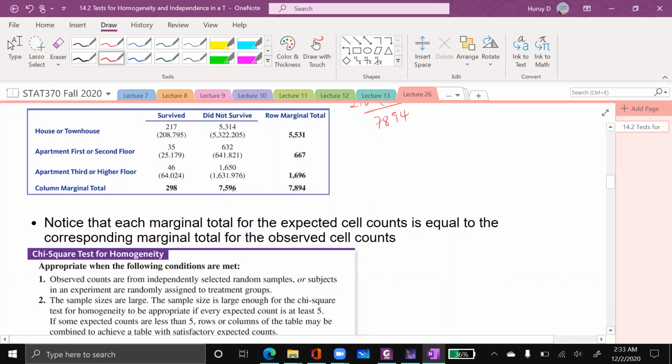So one thing that we need to notice here is that when you add this up, the expected counts have to add up to this number. Again, if you add this up, they have to add up to this number. And similarly this way, if you add this up, you get this number. Sometimes it could be off by some small number, and that is basically rounding error.